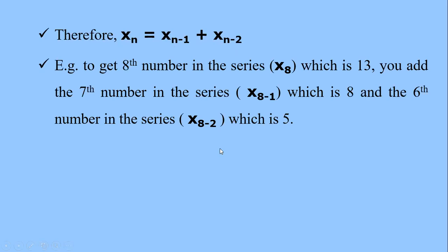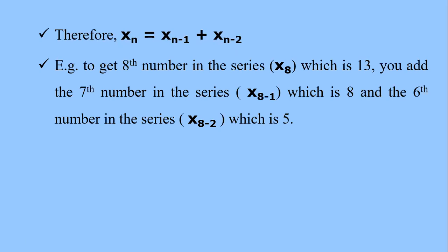So for example, to get the 8th number in the series, which in this case is 13, you add the 7th number in the series, which is 8 minus 1. That's the 7th number in the series, and in this case, it is 8.